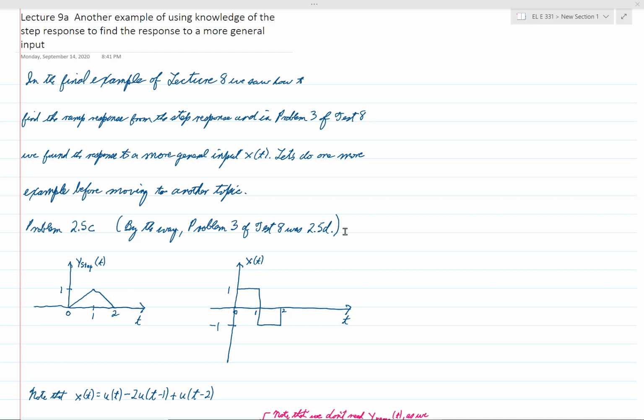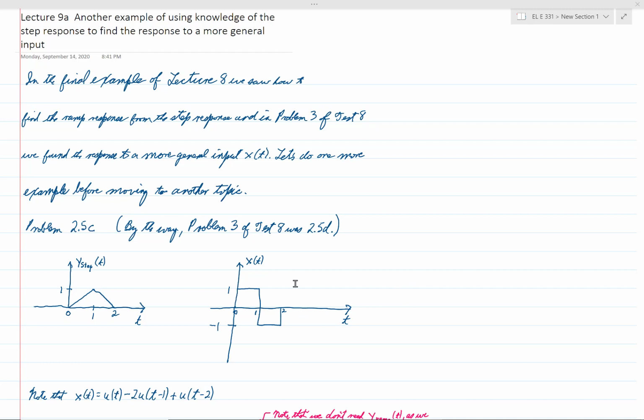So here we will look at problem 2.5C, which is the same kind of idea, but fortunately this one is not quite as tedious. So let's see how this goes.